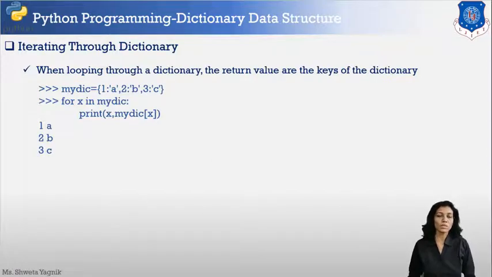So first it will have value 1, then in next iteration it will have value 2, and in last iteration it will be having value 3. And if I want to extract the corresponding value of the key, then in square brackets I can specify the key. So that is how we can extract the key and value.